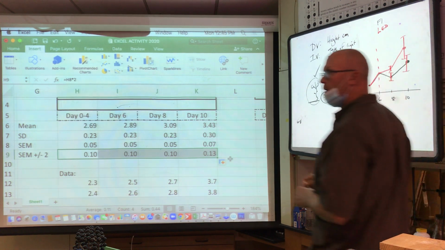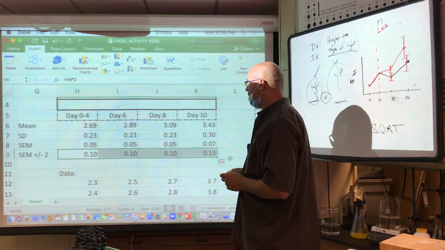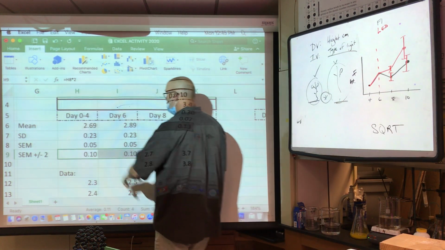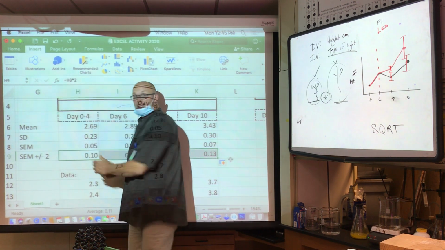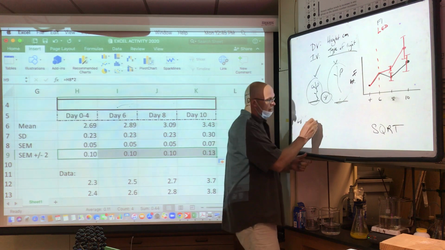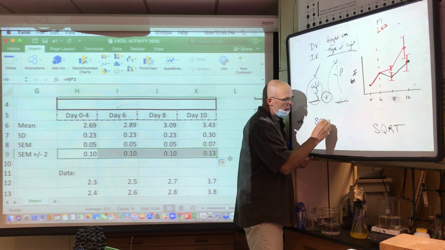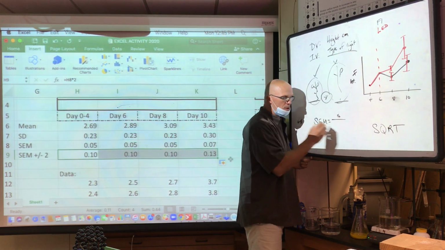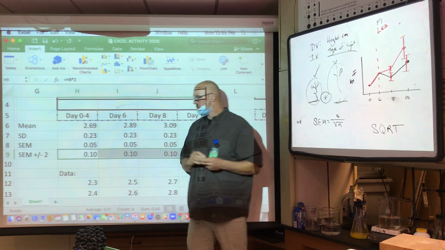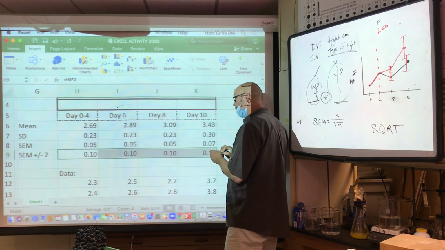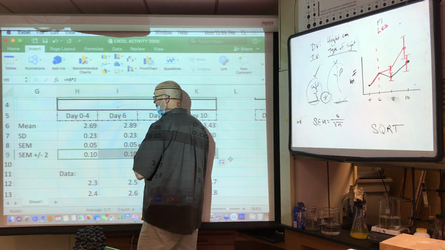Yes? I missed the SEM part. Okay, so what you're going to do is hit this box here. And since we need the standard deviation, because standard error of the mean is equal to the standard deviation divided by the square root of the sample size, what you're going to do is find your SD.